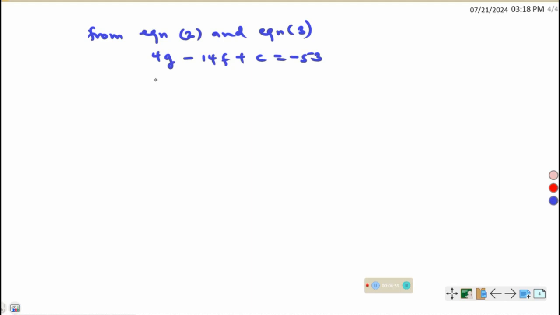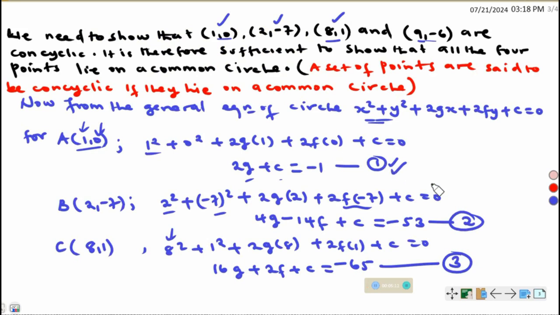Then we are having 16g plus 2f plus c, which is equal to negative 65. So that is from equation 2, this one, and this one here. So from these two equations, we want to eliminate f such that we can use it with equation number 1.